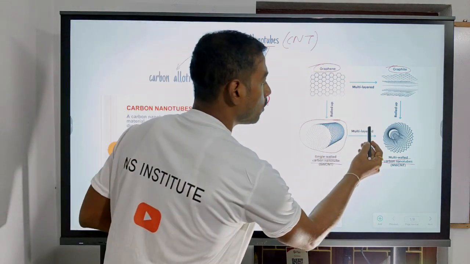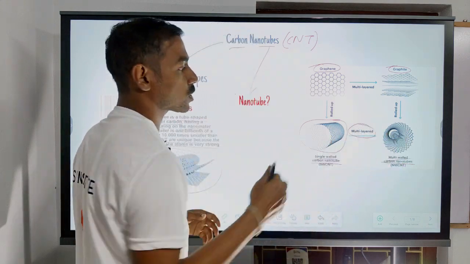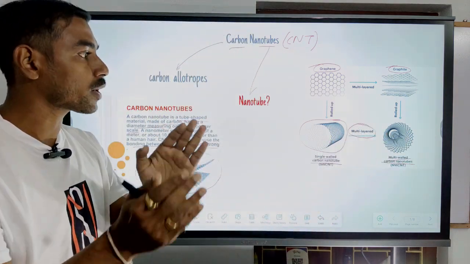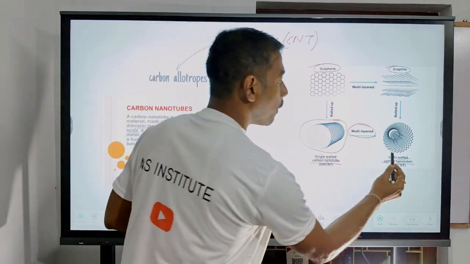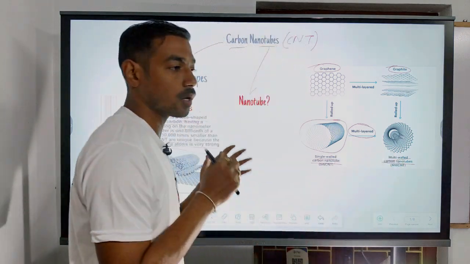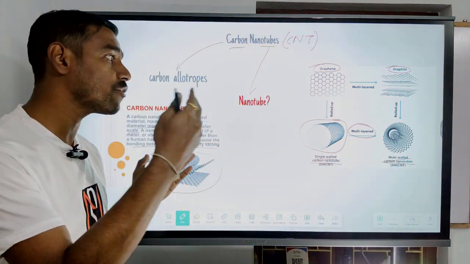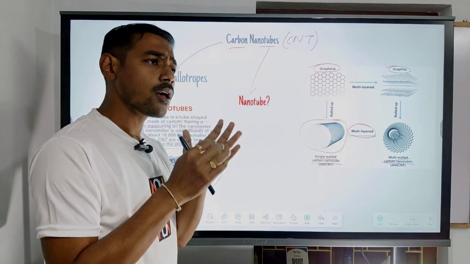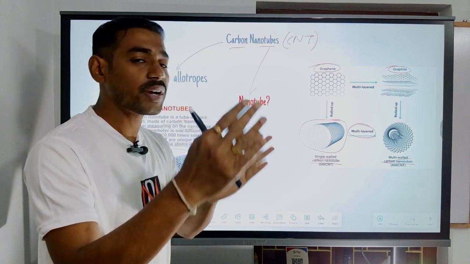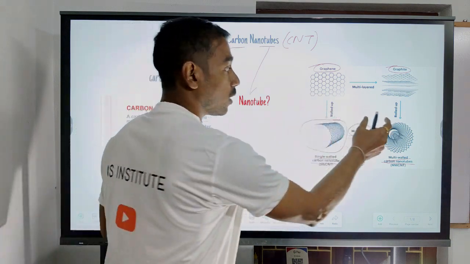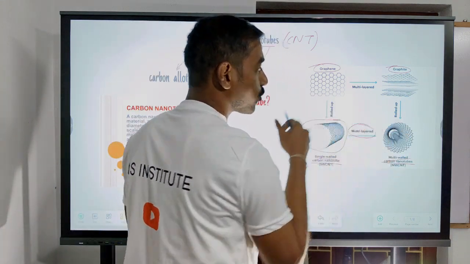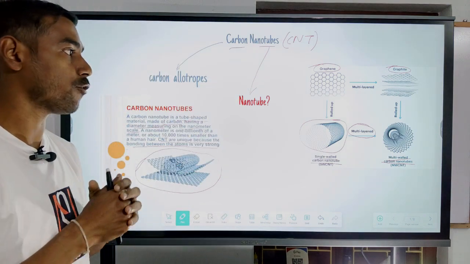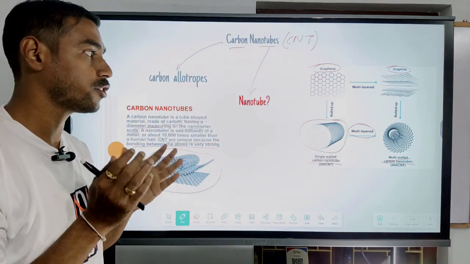But when it is multi-layered, it is transformed into a multi-walled carbon nanotube. Multi-walled carbon nanotubes consist of several graphene sheets, ranging from 2 to 10, arranged concentrically in the tube structure.